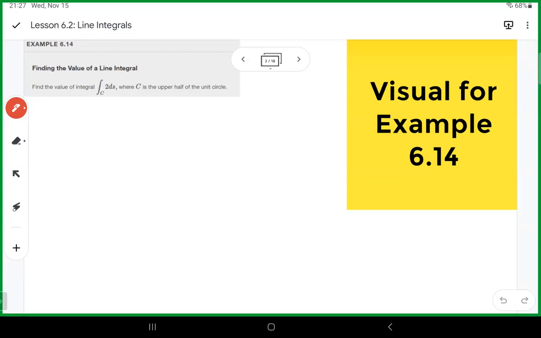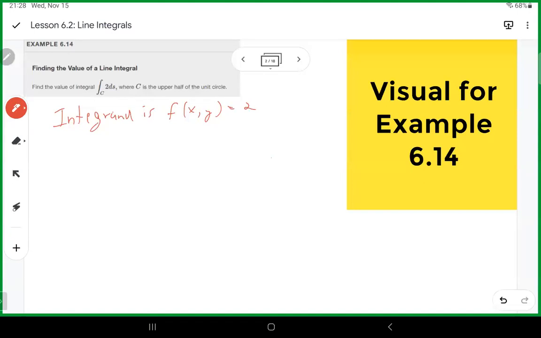All right. Finding the value of a line integral. Find the value of the integral where C is the upper half of the unit circle. So the integrand is 2.